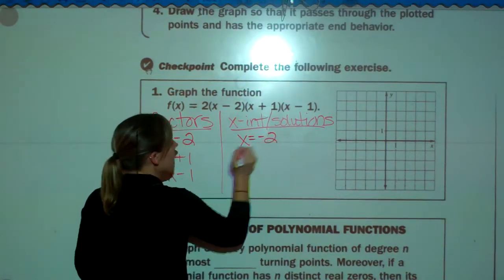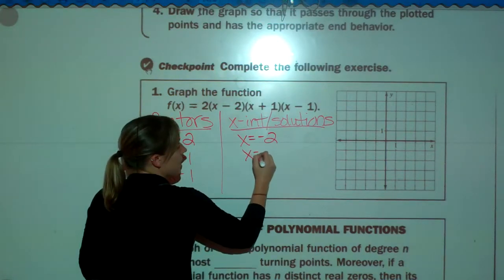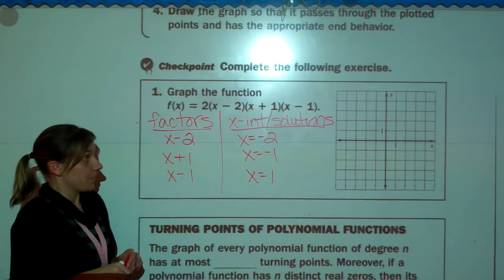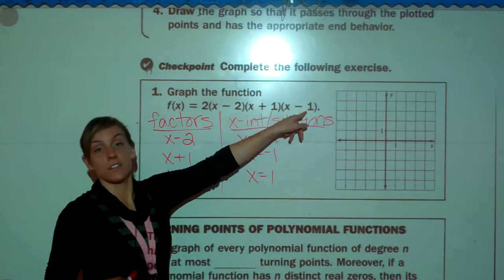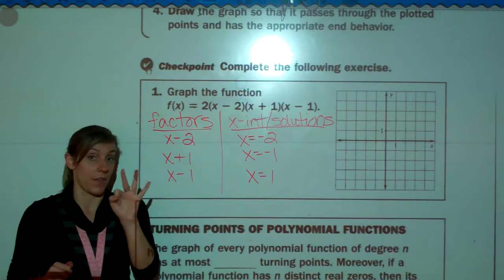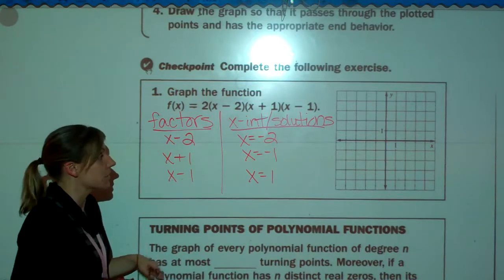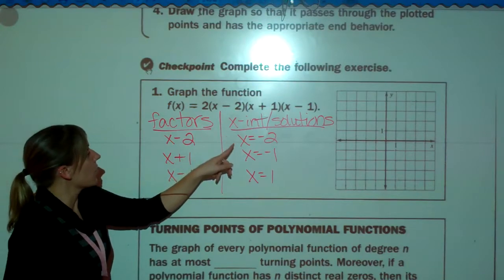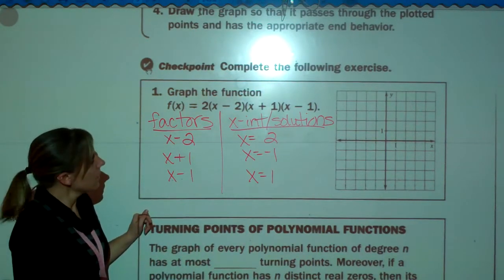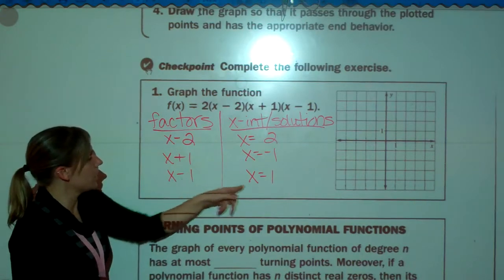It's a -2, this is a -1, and this is a +1. So there's 3 factors, so there's 3 solutions. That's typically what happens. When we've got 3 factors, we should have 3 solutions. Excuse me, that should be a +2. All right, so +2, -1, +1.